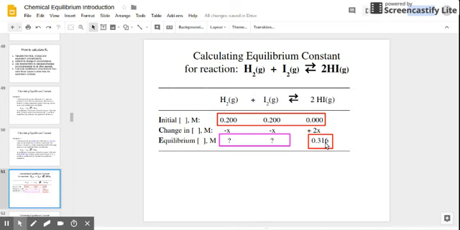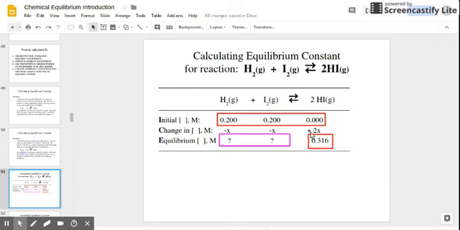Now, how do we determine the rest of the concentrations? All you need to do is put the variables plus 2x, negative x, and negative x. Where do these variables come from? They come from the coefficients of your balanced chemical equation. So this is just like algebra. This is to make your calculation more accurate and more efficient.